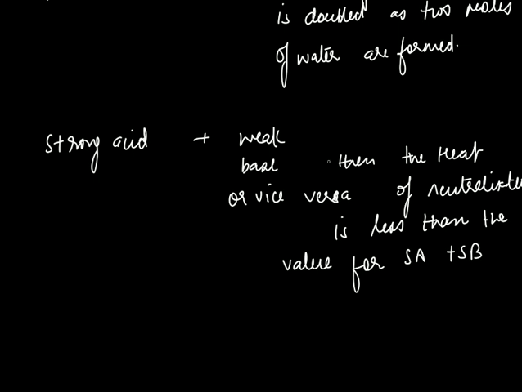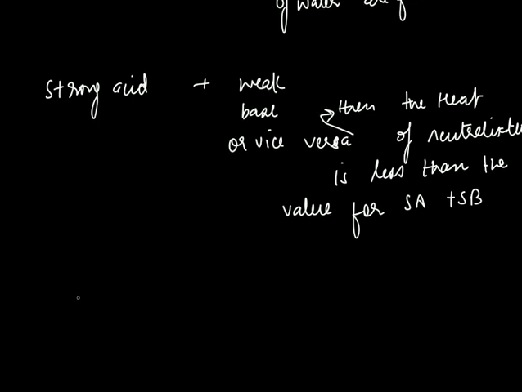What is the meaning of this? Meaning is that if you have a strong acid, let's say HCl, and a weak base, we can take ammonium hydroxide, right? The strong acid and strong base standard value is minus 13.7 kilocalorie per mole.